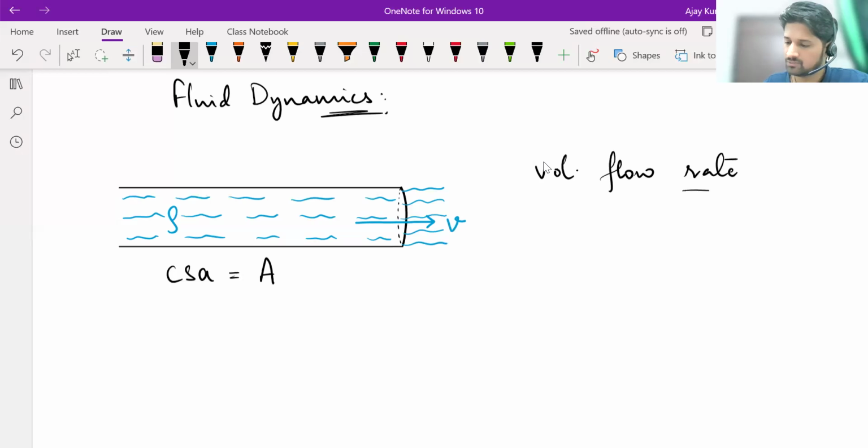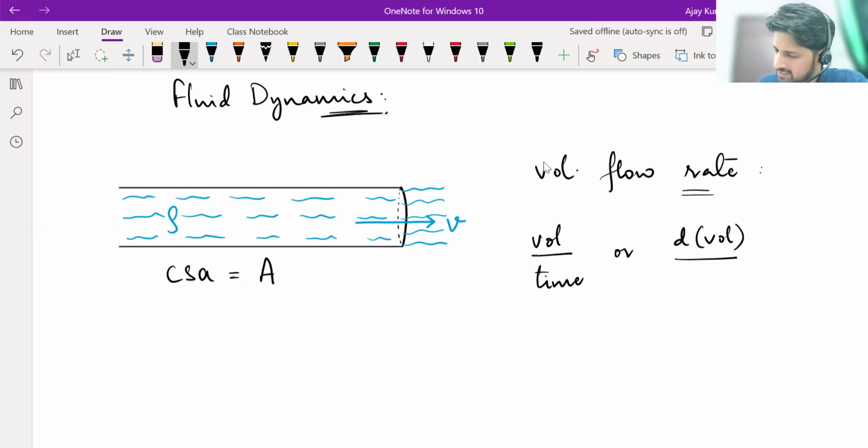That is what we call volume flow rate. There are two ways of deriving this: volume divided by time, a finite amount of volume by a finite amount of time, or a small volume divided by the small amount of time it takes to come out. In any one of these methods, you can derive the volume flow rate.